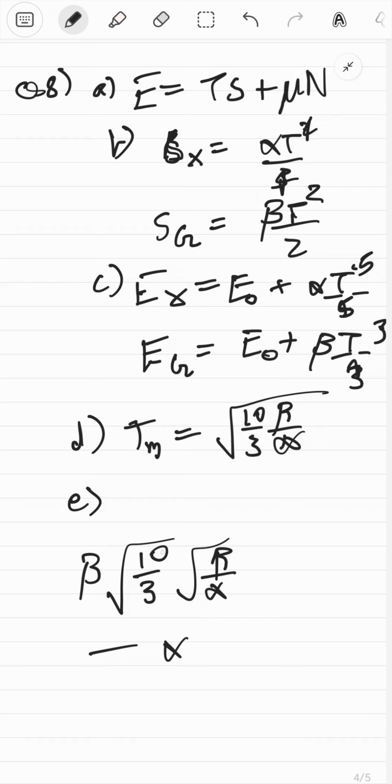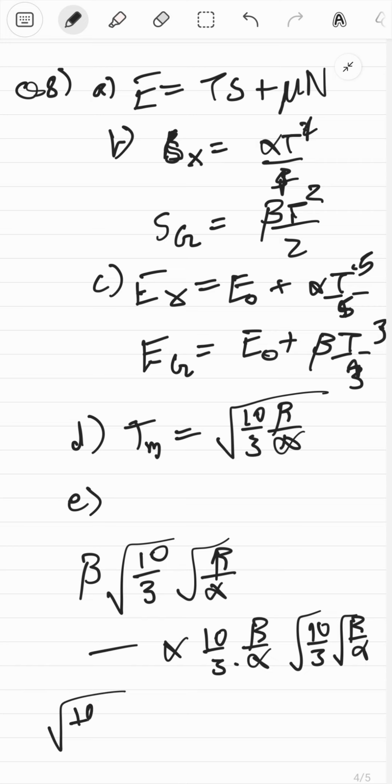So just this thing cubed, so it's like 10 by 3 beta by alpha. I suppose, yeah, that's probably how I should be doing it. And then once again, you can take some stuff constant, which is square root of 10 by 3 beta by alpha.